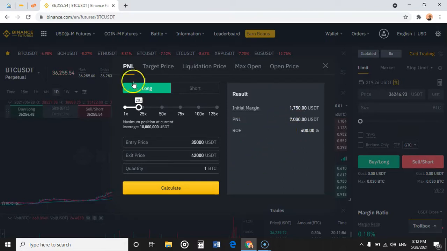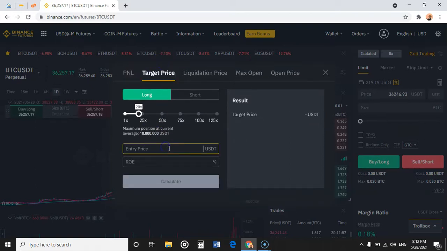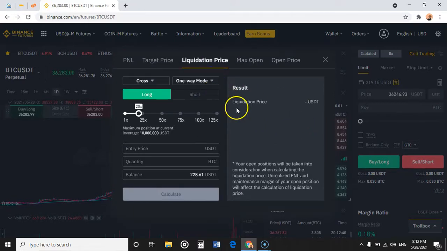So in the same way, if you want to know your target price, just come here, type the entry price, which is $35,000. Okay, and if your ROE is 400%, probably that is your target, then you can come here and click on calculate. Okay, so it means that your target price, before you are able to make up to this amount of ROE, has to be $42,000.